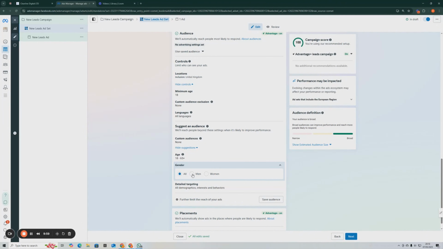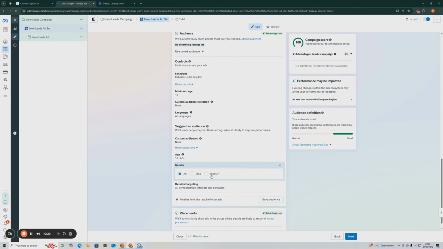This is very heavily dependent, and I do rarely change the gender, but it can vary a lot because if you sell women's clothes, as a complete out-of-the-box example, men still might buy them as a gift for their partner, so you're missing out on opportunities that could be profitable at the same time.